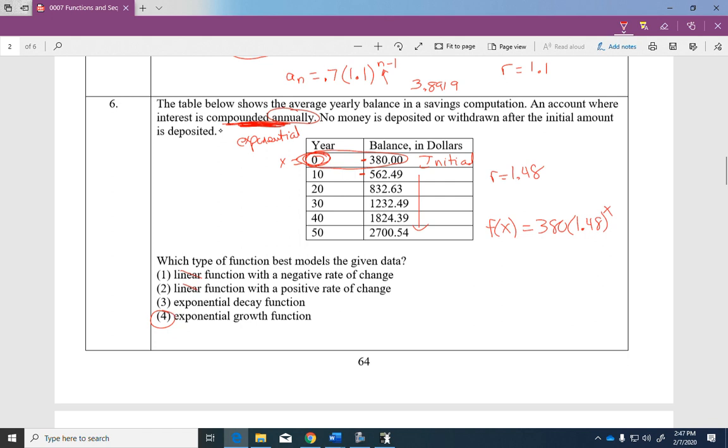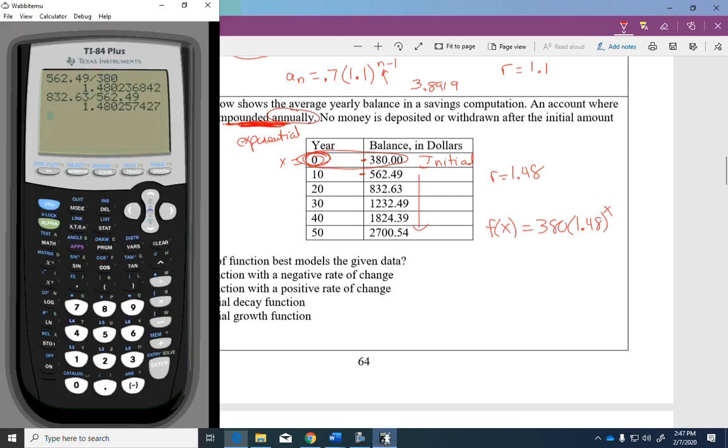You can verify whether you need an x minus 1 or not by using your calculator, going to your y equals, and entering what you think the function is. So does y equal 380 times 1.48 to the x? Take a look at your table. Let's go up to where x is 0. And at 0, it says 380.